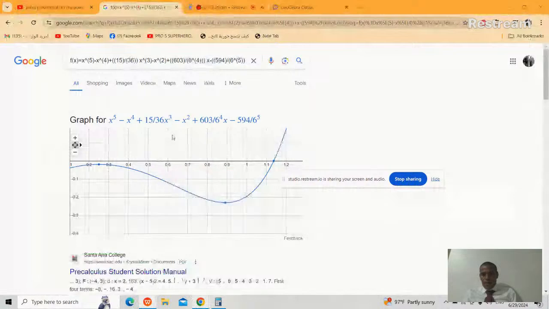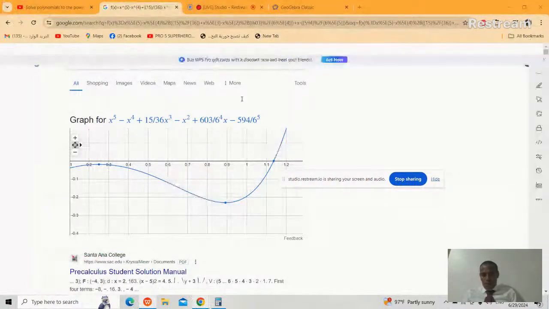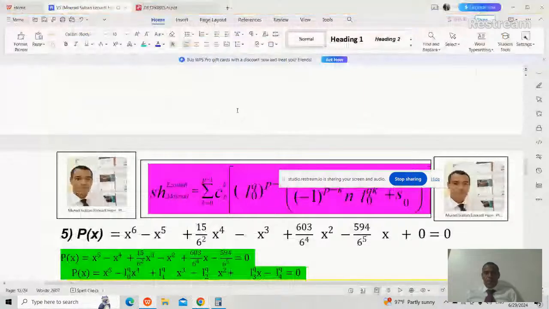You see, I don't tell graph. I said solve for x. I will close this.